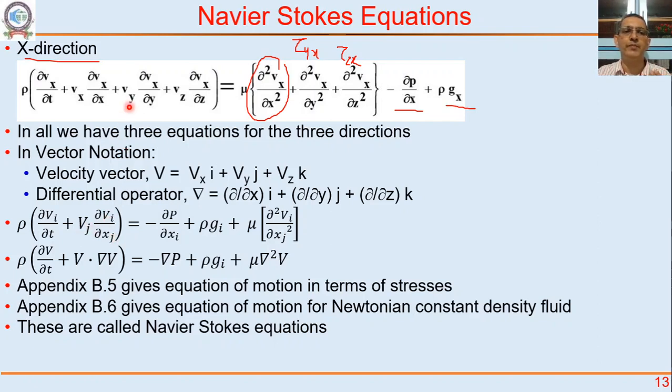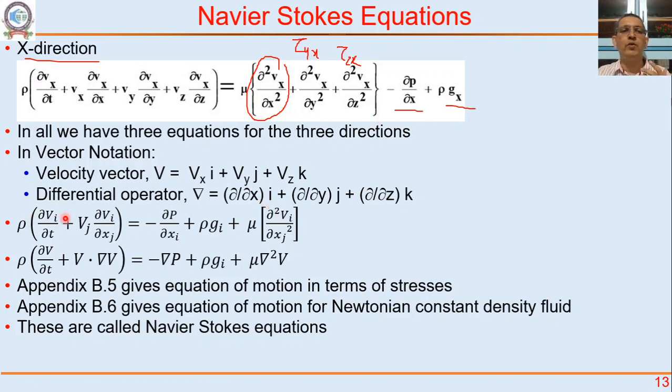These three terms. Same way here, it is del square vi by del xj square. j is x, y, and z. So mu del square vx by del x square, del square vx by del y square, del square vx by del z square. These three terms. That is for the x directional equation of motion.